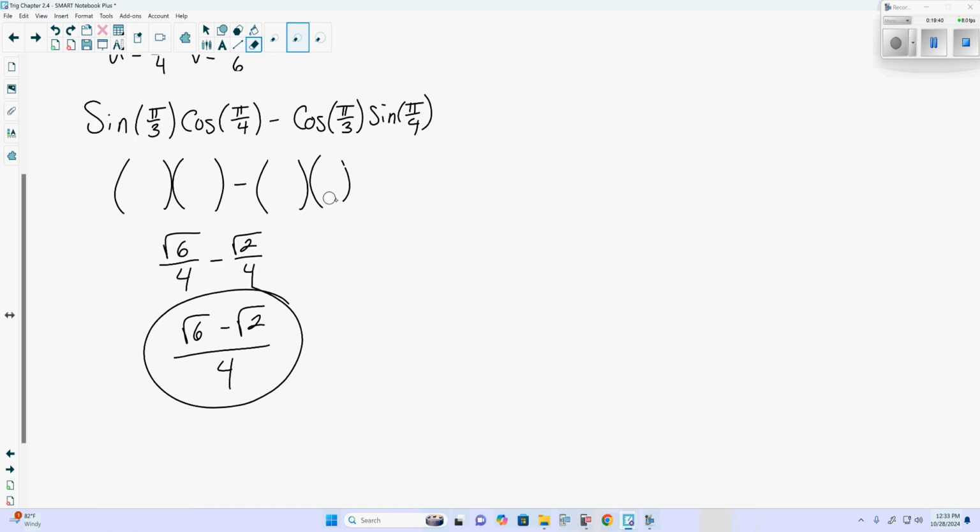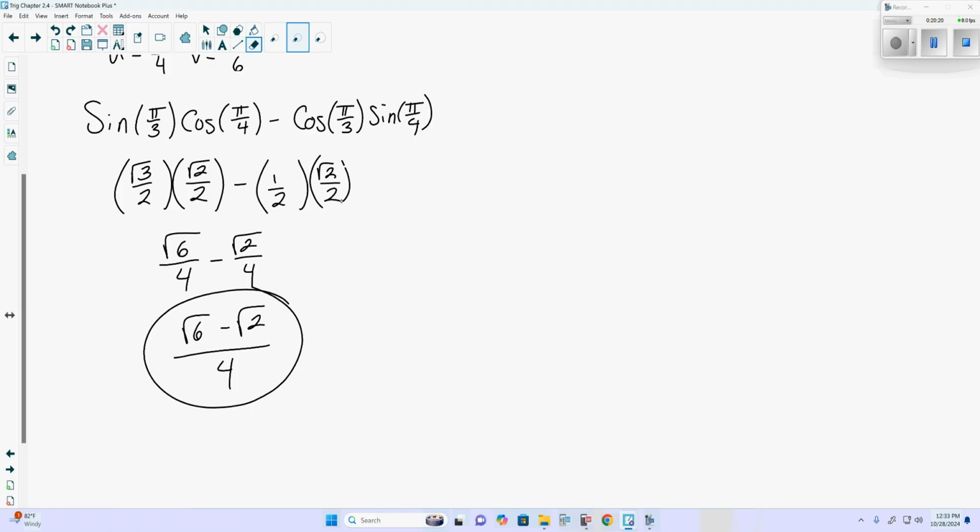Sine of pi over 3 is square root 3 over 2. Cosine of pi over 4 is square root 2 over 2. Cosine of pi over 3 is 1/2. Sine of pi over 4 is square root 2 over 2. Square root of 3 over 2 times square root of 2 over 2 is square root of 6 over 4. 1/2 times square root of 2 over 2 is still square root of 2 over 4, which gets us to the same answer.